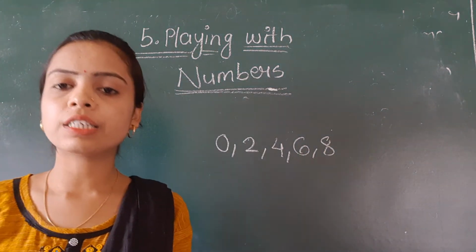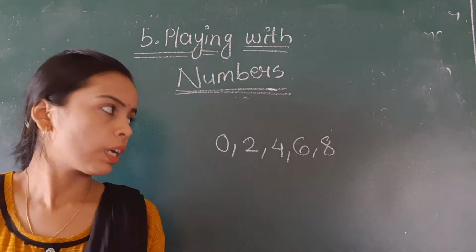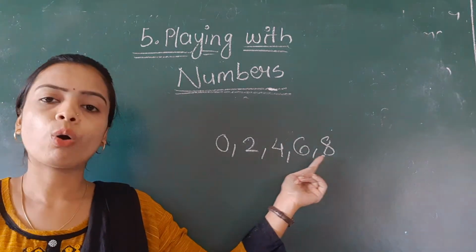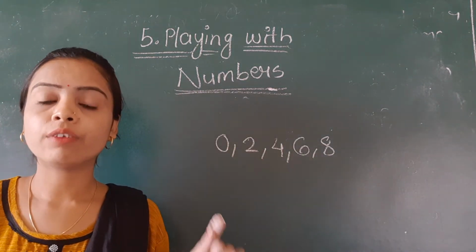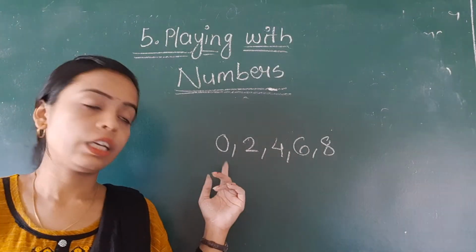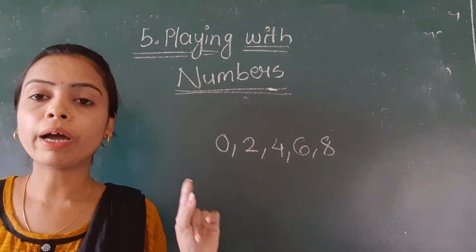If the ending digit of any number is 0, 2, 4, 6 or 8, then without doing any division, we can directly say that number is divisible by 2.